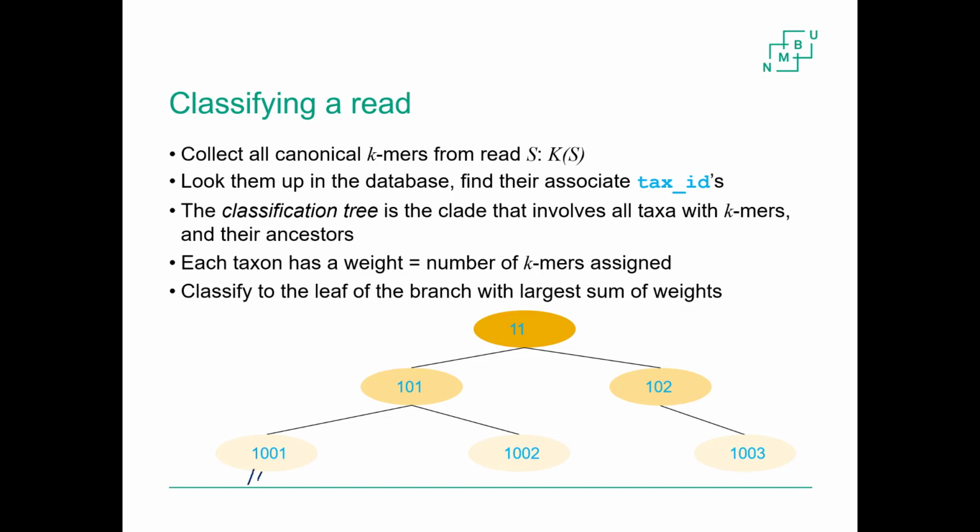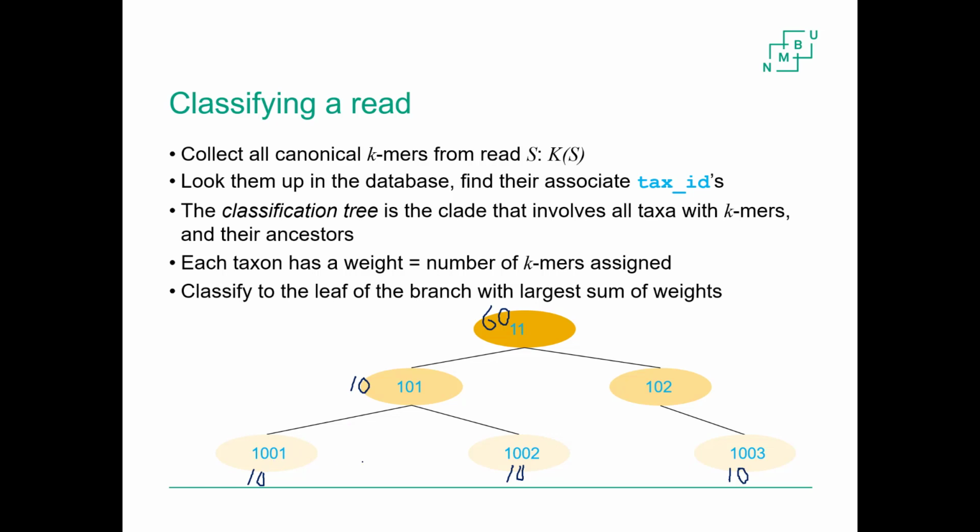Well, 10 of them are here, 10 of them are here, 10 of them are here, and also 10 of them are here, and 60 of them are up here. Now this read is difficult, because it has some k-mers that look like this species, some k-mers like this species, and so on. So this is a difficult read to classify.